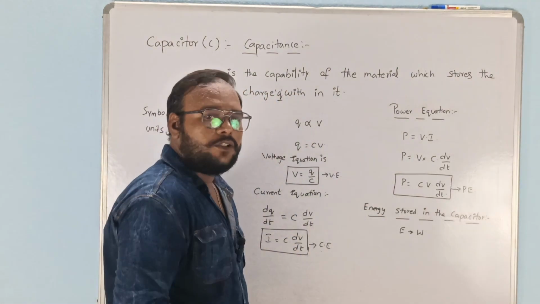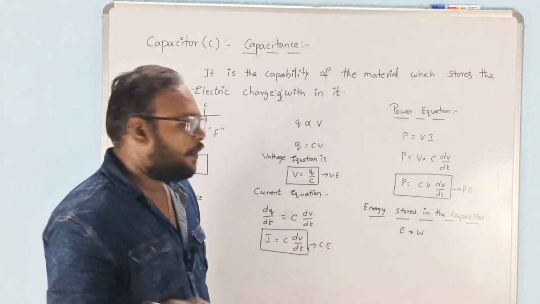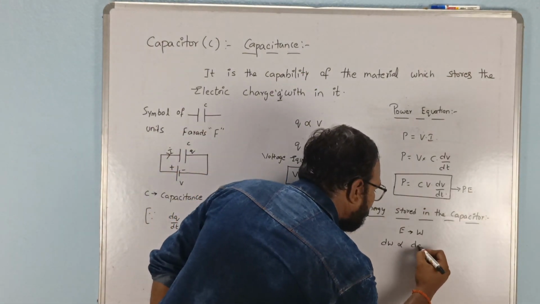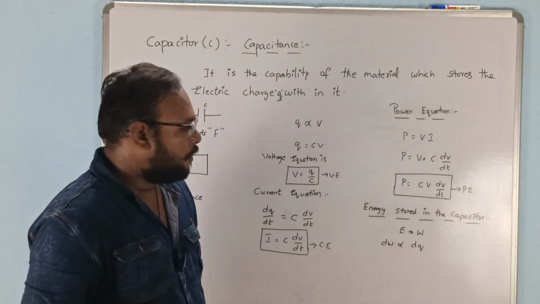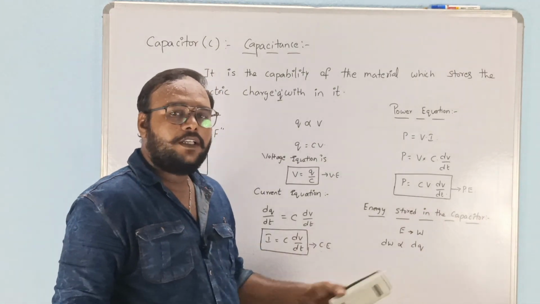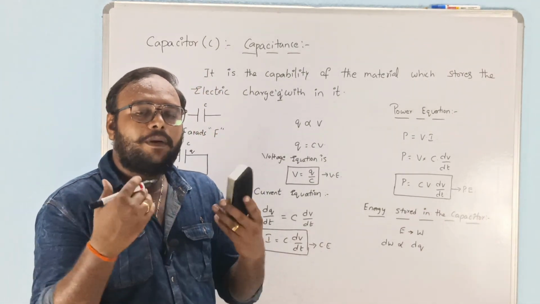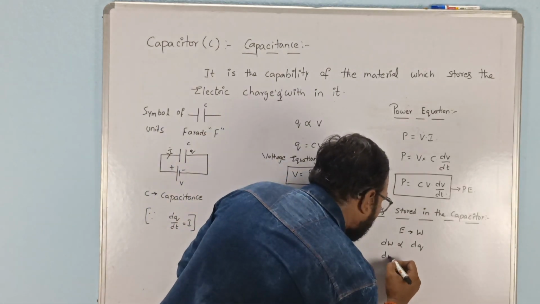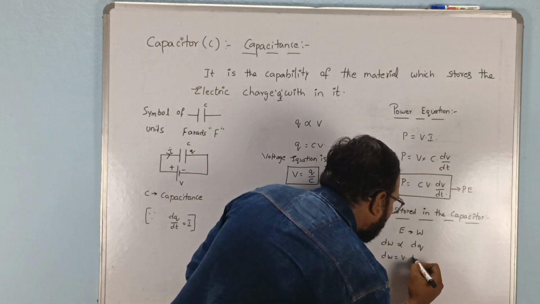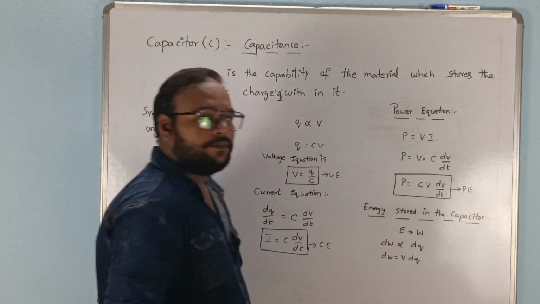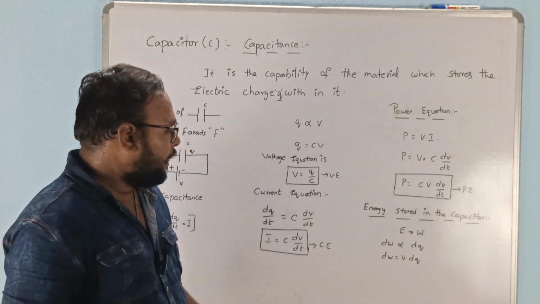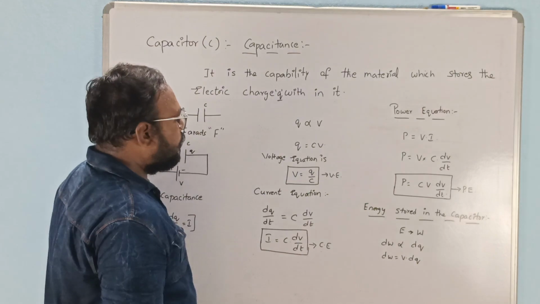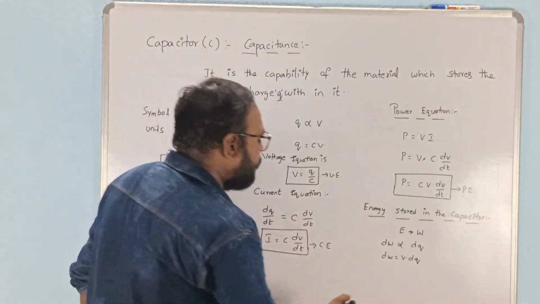Let us take a small amount of work: dW is directly proportional to dq. To remove this proportionality constant, since the voltage is already applied to the circuit, we consider voltage as the constant. Then we can write dW is equal to V into dq. To get the work, we know that V is equal to Q by C.